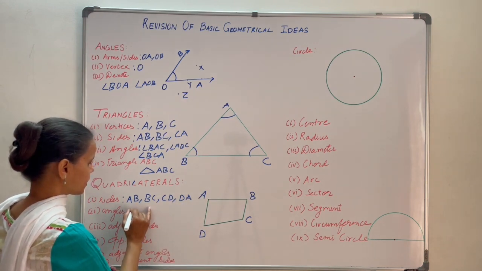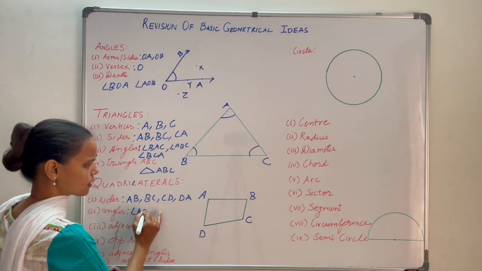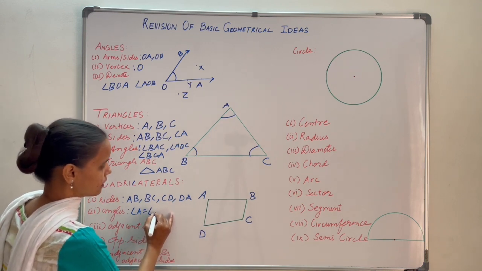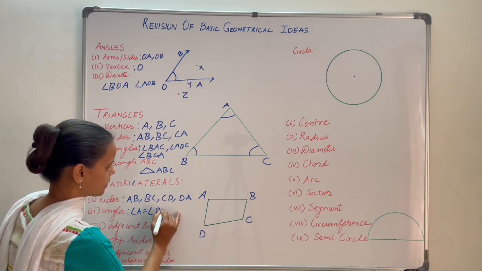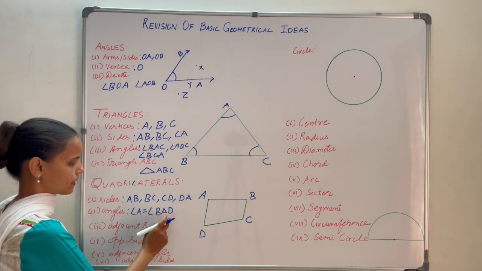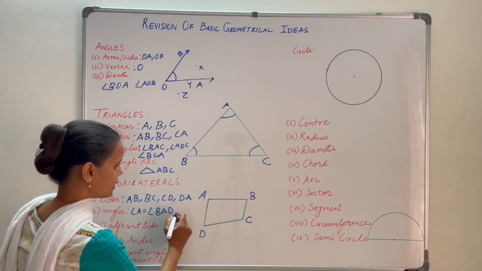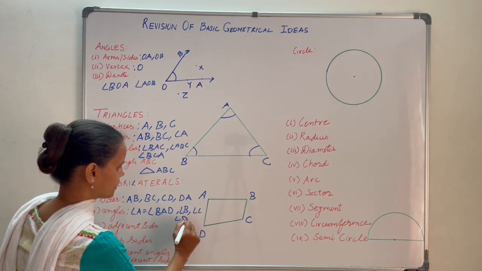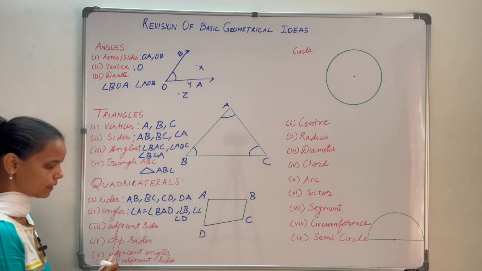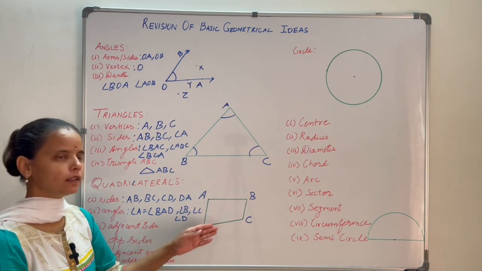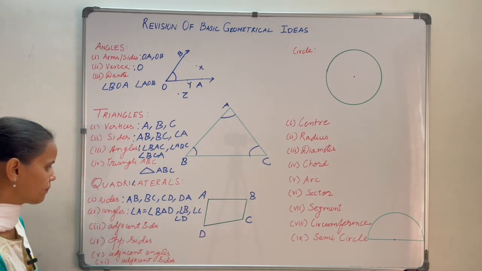So you can write it as angle A. This is equal to, or the same angle, angle BAD. So there are four angles: angle A, angle B, angle C and angle D. You need to make the angle symbol. That is very important. If you don't make this angle symbol, then it looks like a point or vertices.